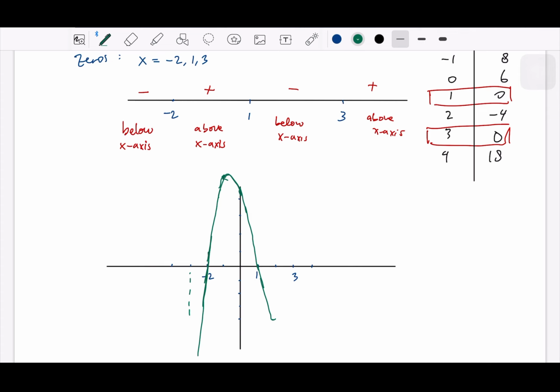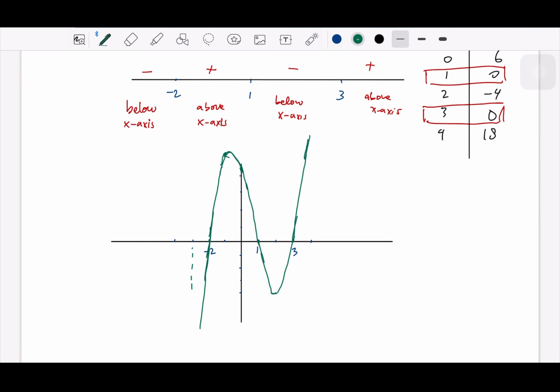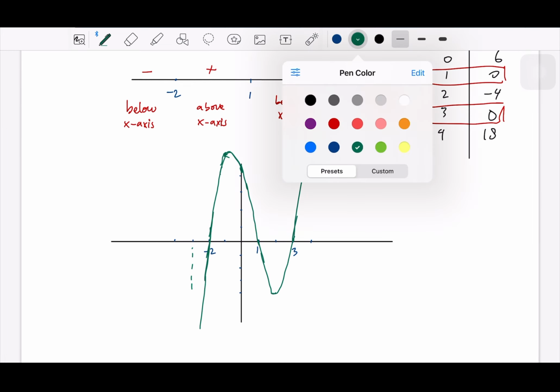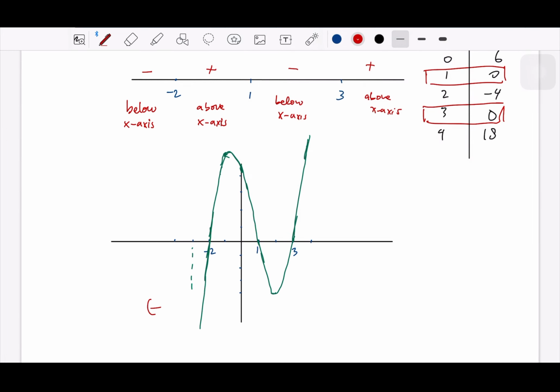And then 3 is 0, and then 4 is 18, so I will go straight up all the way there. So you will see that it's true that this is negative, this is positive, right?